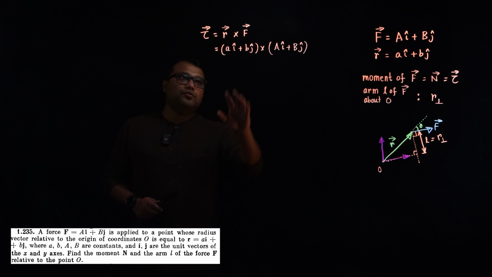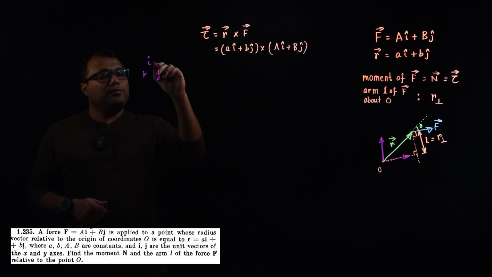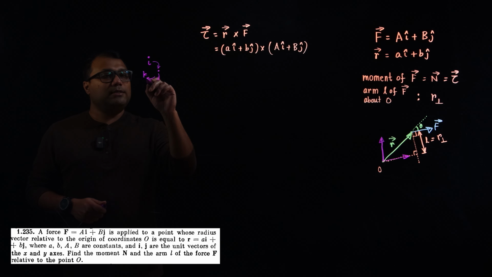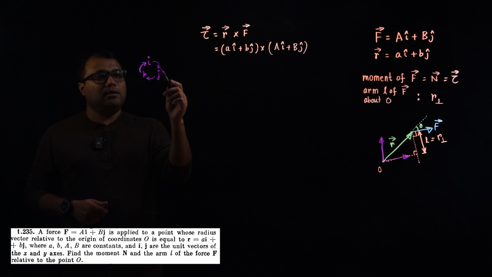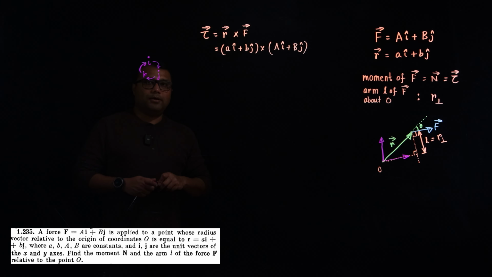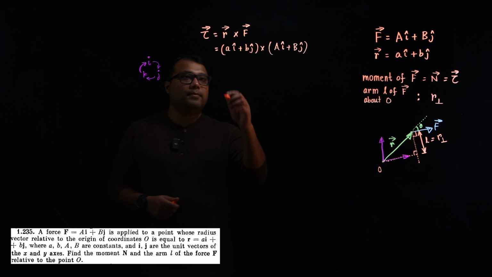Now how do we do the cross product? I usually write this out: i, j, k. If you multiply i to j, you will get k. If you multiply j with k, you will get i. If you go the other way around, which is i times k, then you will get minus j. If you go j times i, you will get minus k.